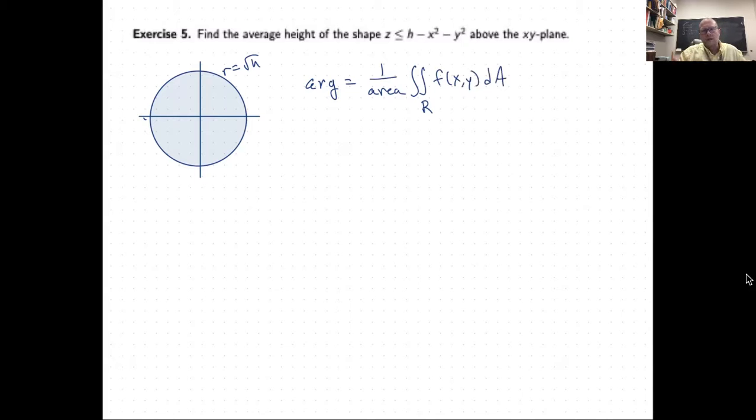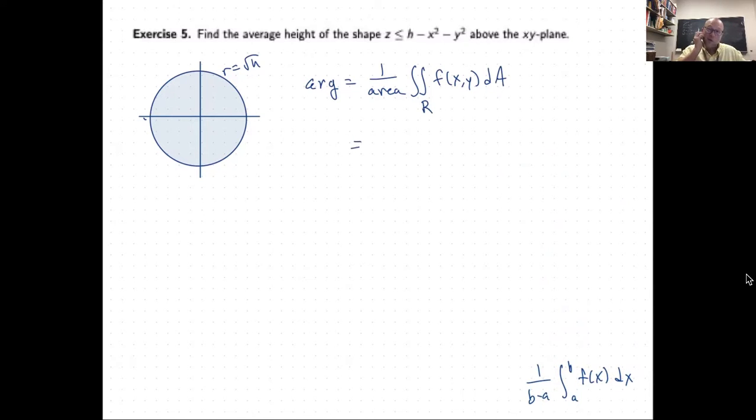Okay, so if we were doing this for a function of one variable, we would take 1 over b minus a, integral a to b, f of x dx. Okay, that's the one-dimensional version of it. But since we've got the two-dimensional version, we have a little bit more to do.